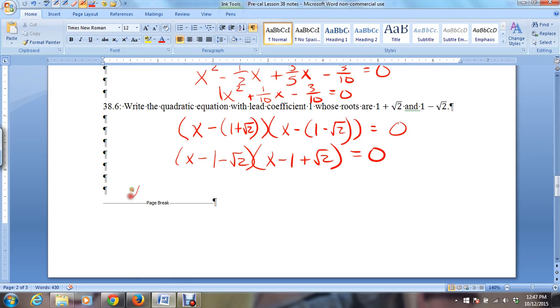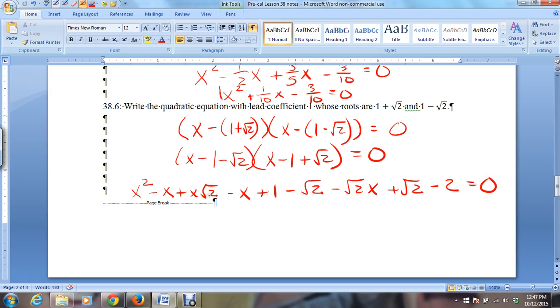So x times x is x squared, minus x, plus x square root of 2, minus x, plus 1 minus the square root of 2, minus square root of 2 x, plus the square root of 2, minus 2 equals 0. Fortunately, some of these things cancel, like the x square root of 2 and the square root of 2's.